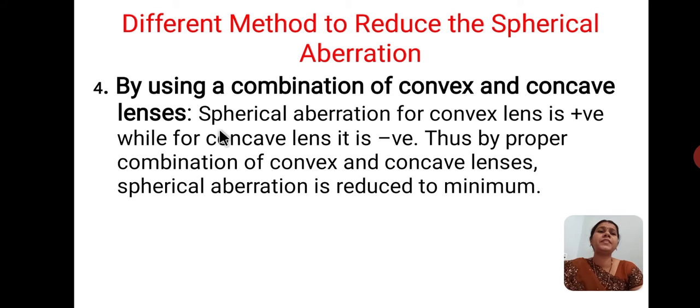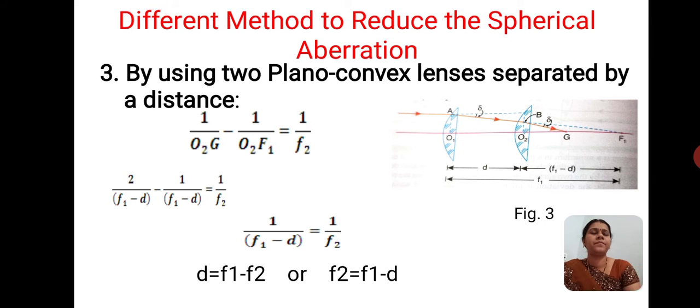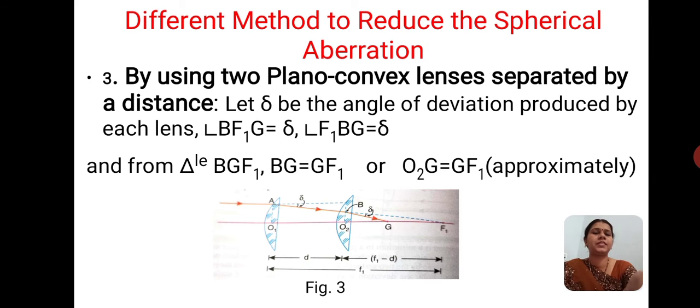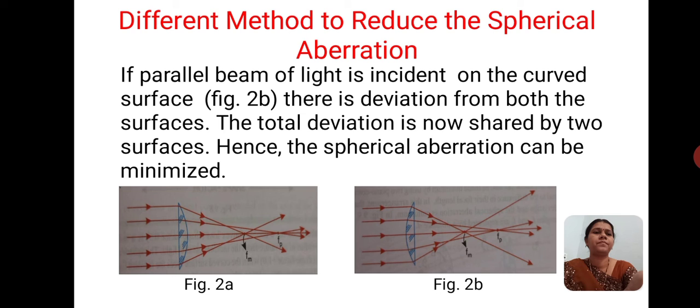So here, what happens in the convex lens? In the convex lens, the marginal ray IM is lying towards the left of the paraxial rays. I already showed this in the first slide itself.